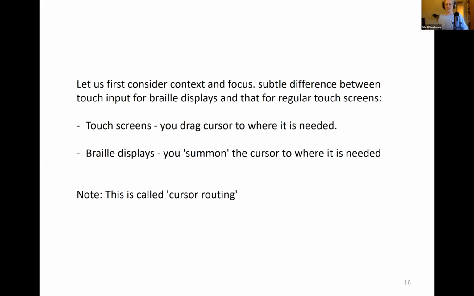With Braille, on the other hand, when you put your finger down on the display, you have focal awareness, and you have to search and build up the image by moving outwards from the point of focus. So there, the strategy that might be more effective would be bringing the cursor to where you are, rather than going and fetching it, summoning it to where you are, as opposed to picking it up and bringing it with you.